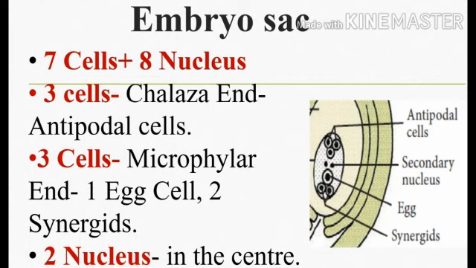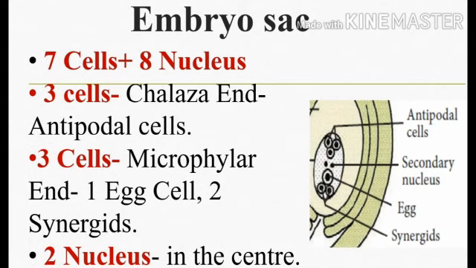So of the 3 cells, one cell will form the egg cell, and the remaining two will form synergids. These synergids are short-lived cells, and they help the nucleus of the pollen grain to reach the egg cell for fertilization. And the two nuclei present at the center of the embryo sac are called the polar nuclei.